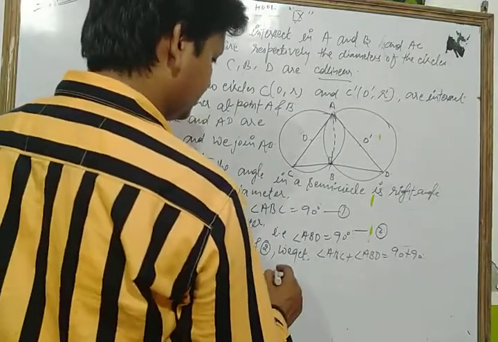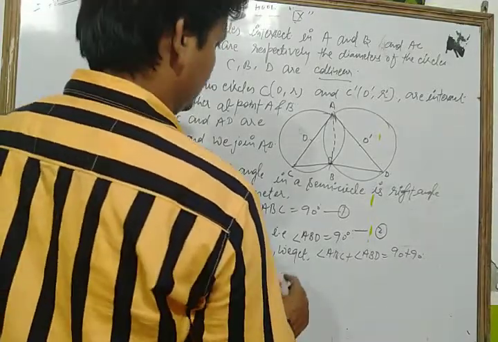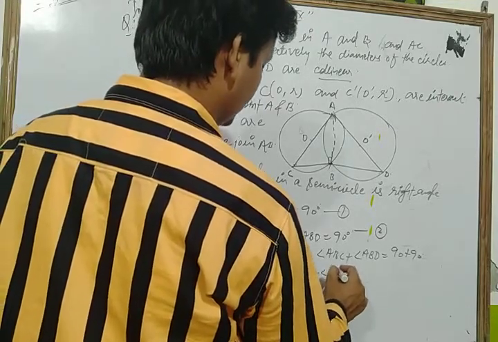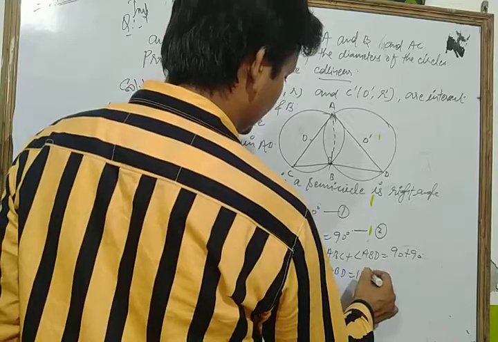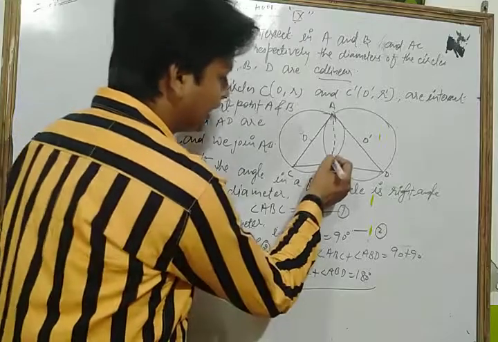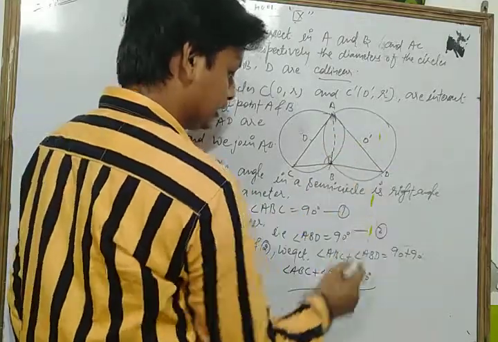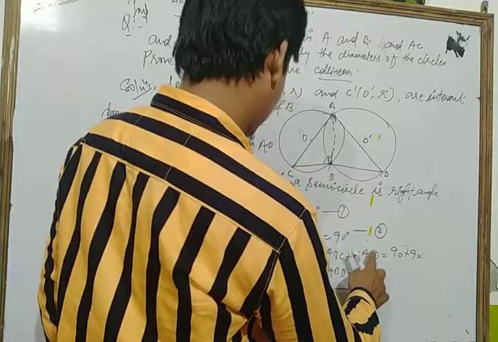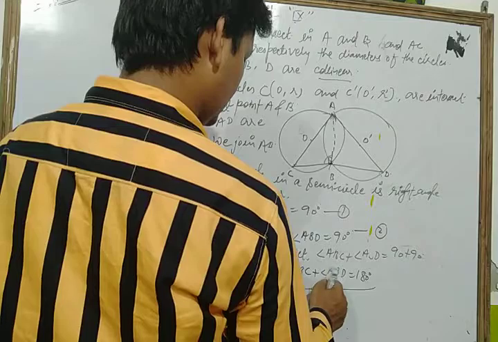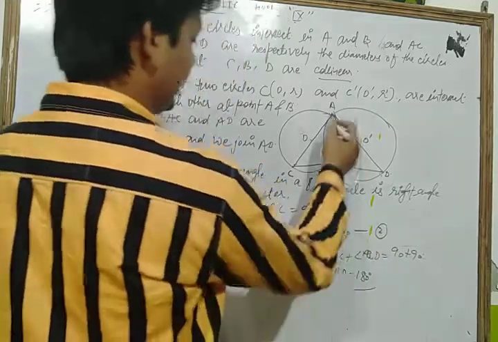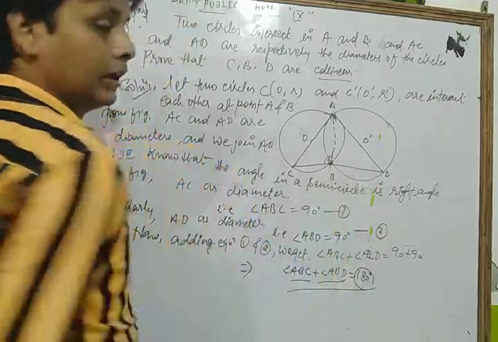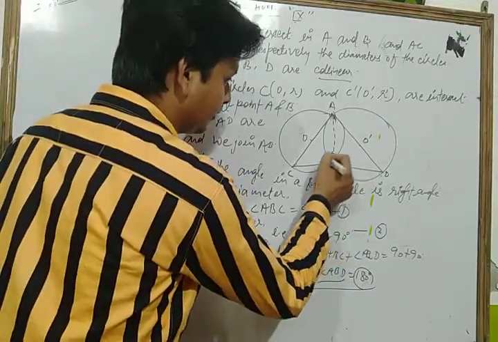So we have angle ABC plus angle ABD is equal to 180. The sum of these angles is 180.